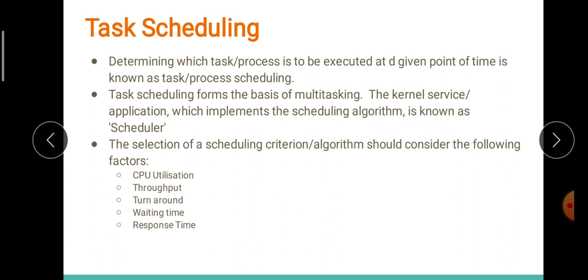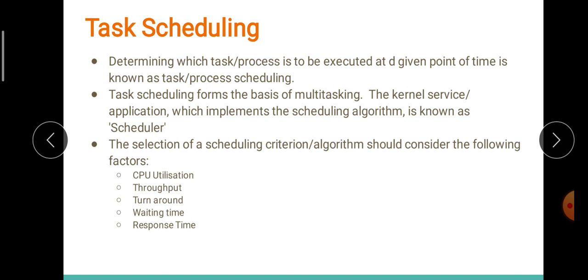And the last factor is the response time. This is some kind of a delay, or I can define this as the time between the submission of a process or the start of an execution and its first response or its first output. The difference between start of an execution and its first response is called the response time.